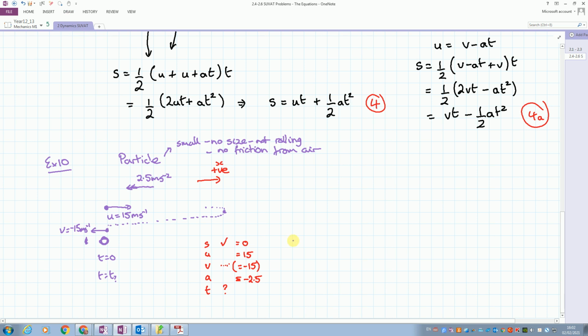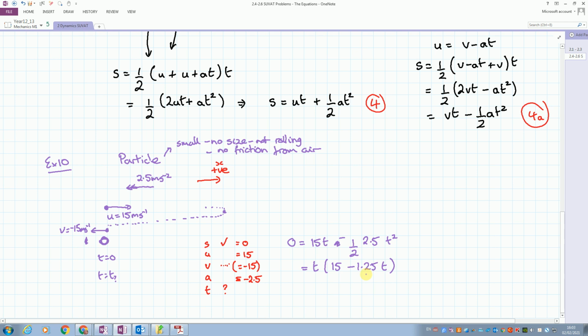So we put them in. We want to know when 0 equals 15t plus 1/2 times 2.5 t squared, and that's a negative. Simple quadratic, and we can factor out a t: t times (15 minus 1.25t).